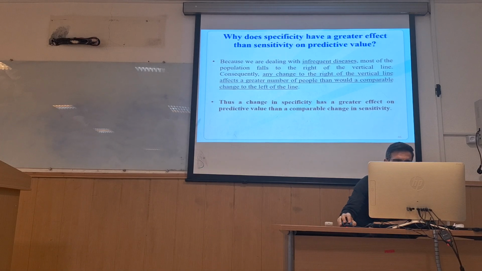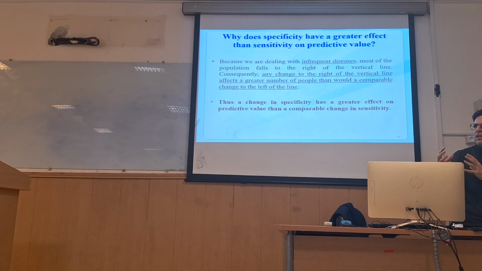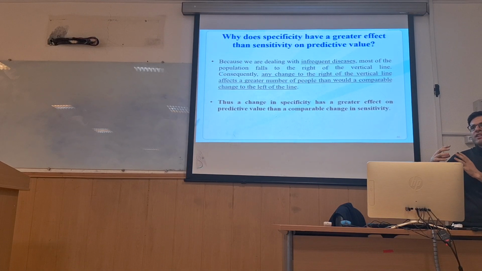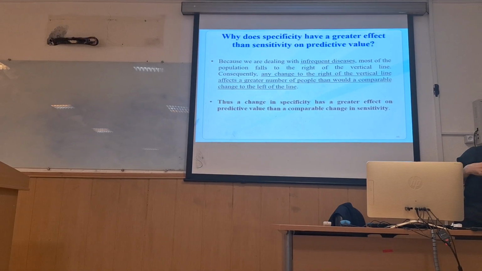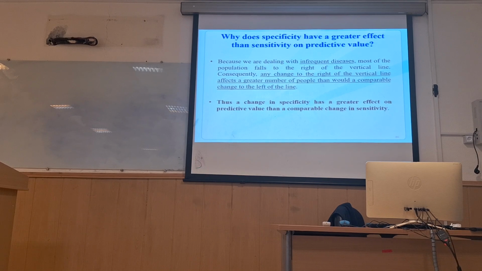Because when you change specificity, a significant part of people are negative or undiseased. So you can have an effect on many people. So specificity has a greater effect on predictive value than a comparable change in sensitivity. That's the point.